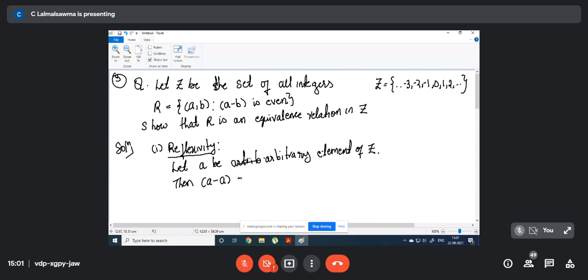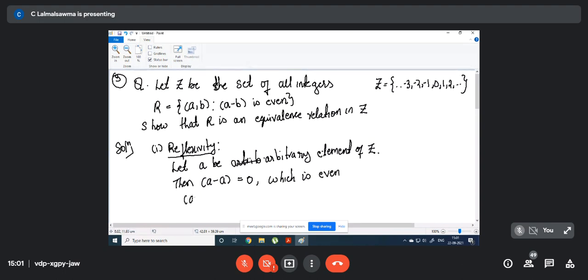What will be the value of a minus a? 0. Okay, very good. 0 is even, and any negative number can also be even, like -2. So this is even.